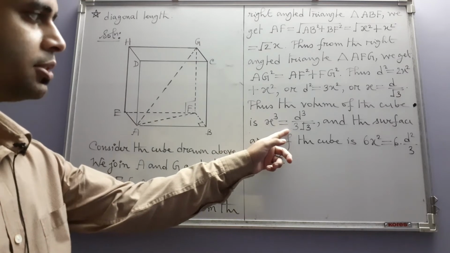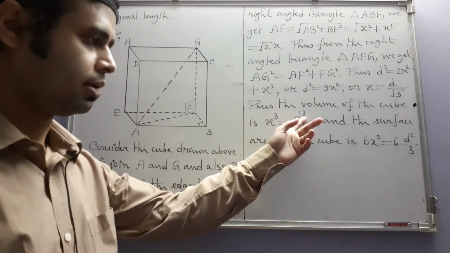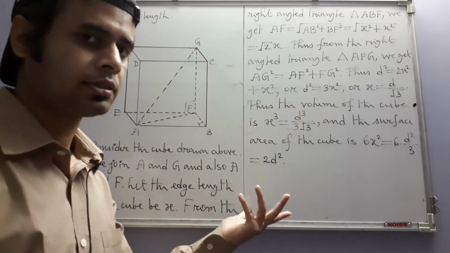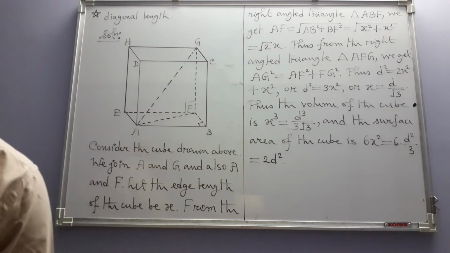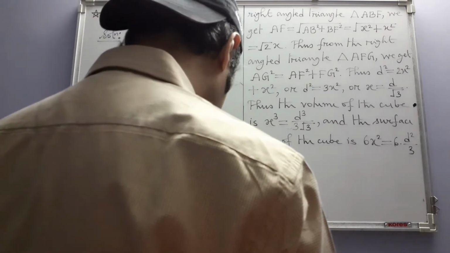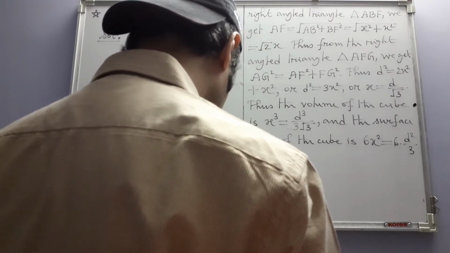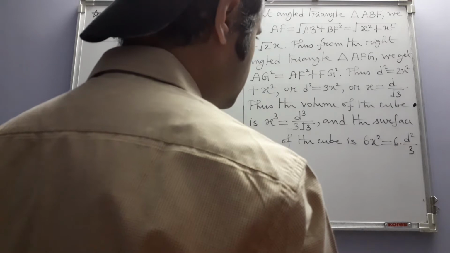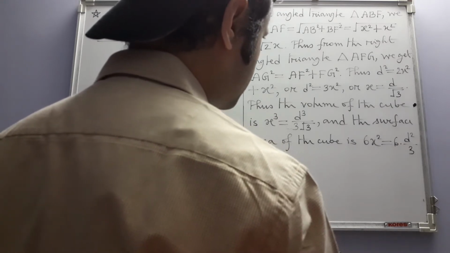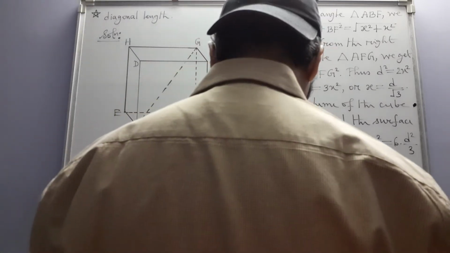So the volume is this as a function of diagonal length, and surface area is this again as a function of diagonal length. D square divided by square root of, have I got it right?